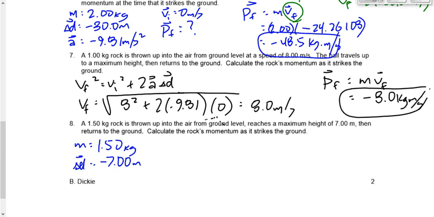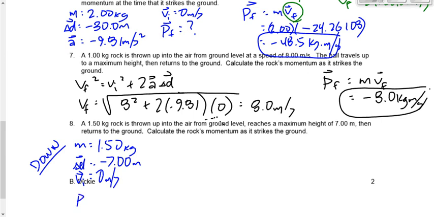What would VI be if we're analyzing just the trip down? 0, yeah, good. Because it slows down, it stops, and then it comes down and speeds up again. So VI is equal to 0.